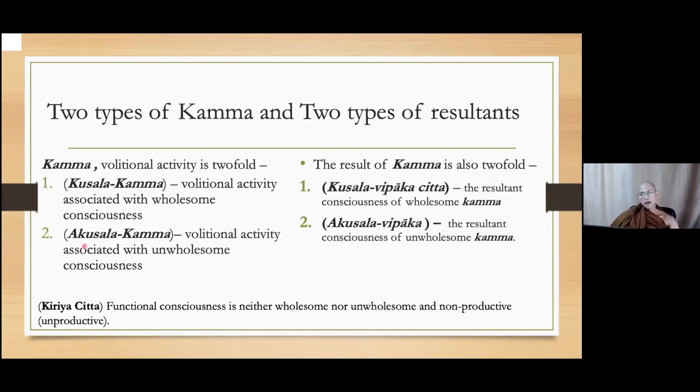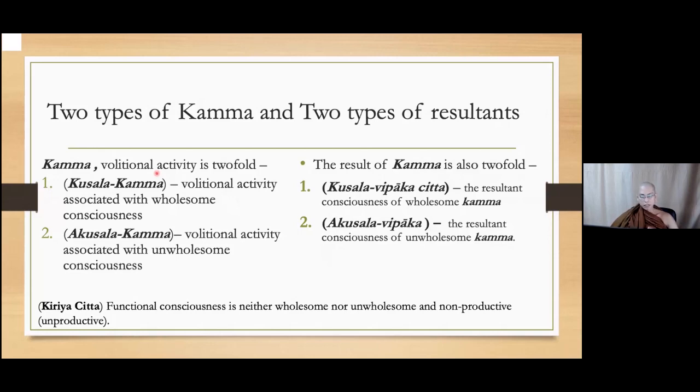So the karma: at the beginning, we need to understand the definition and the precise meaning of the Pali word karma. The Pali word karma means volitional activities. It is a kind of mental activity. The volition is one of the 52 mental factors.